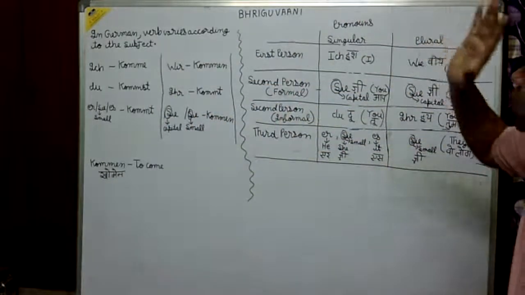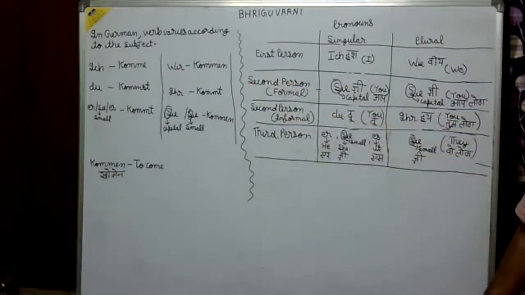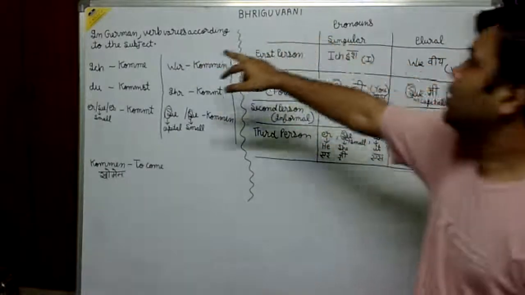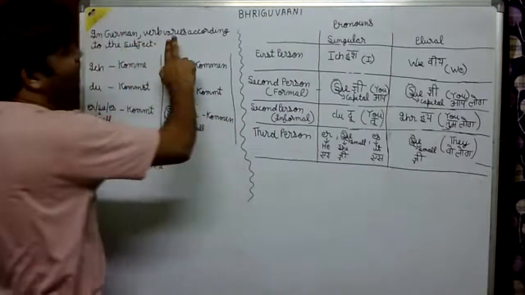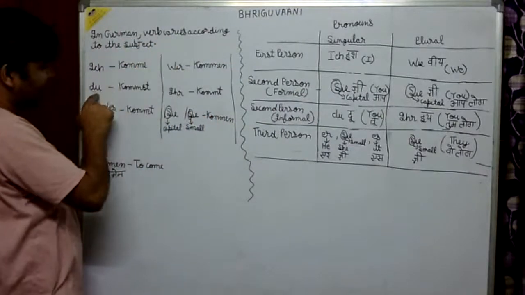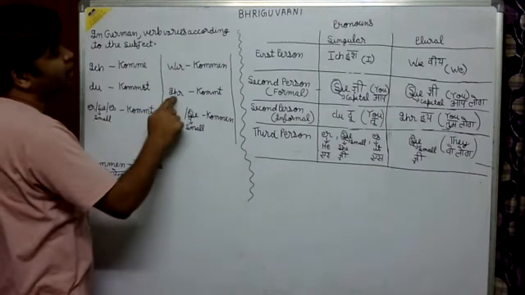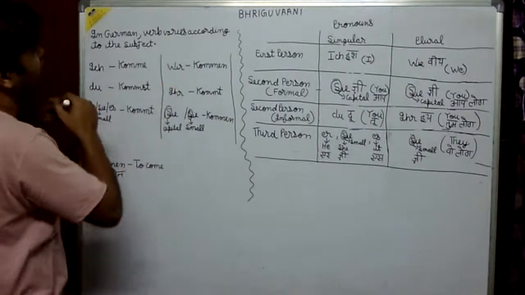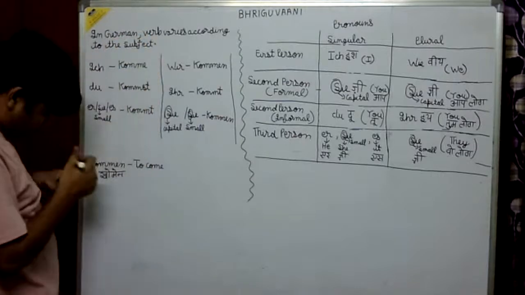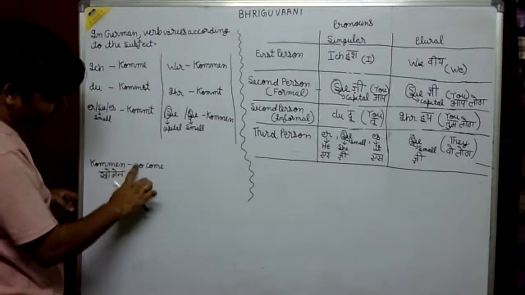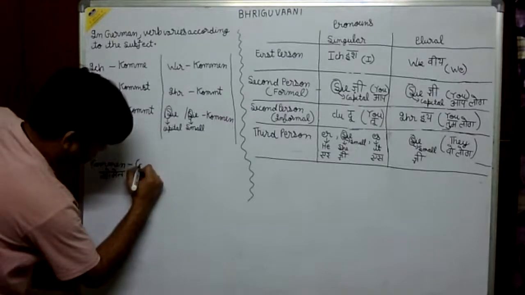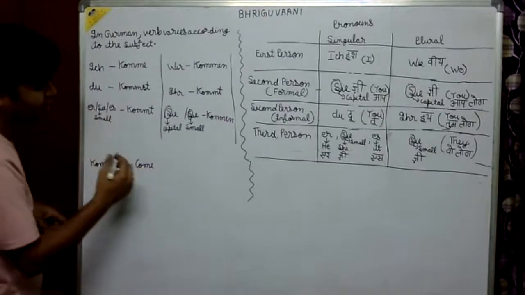How I am using the verbs in this table is the actual meaning of what I have written above. In German, the verb varies according to the subject. So as the subject is changing here, the verb is also changing. What is the verb? The verb is kommen, to come, or simply come.